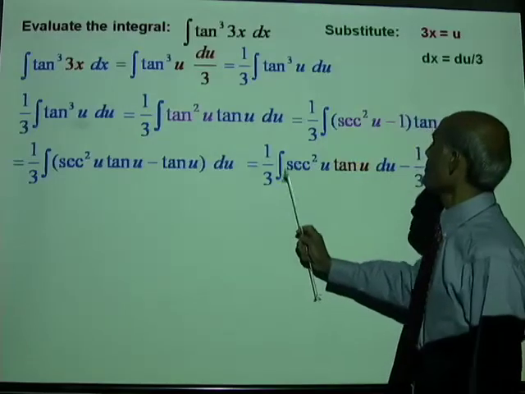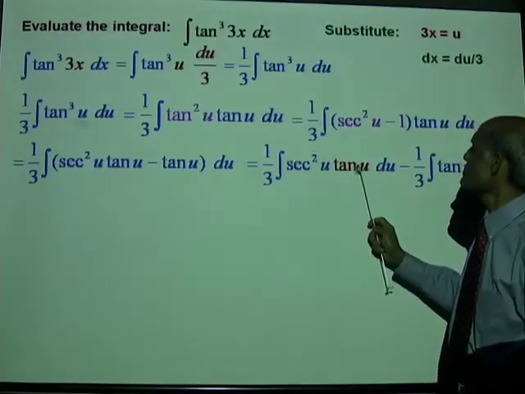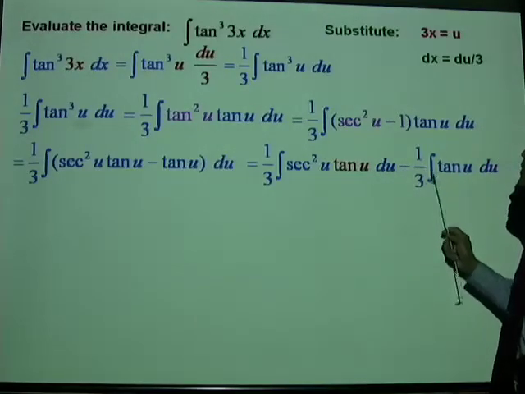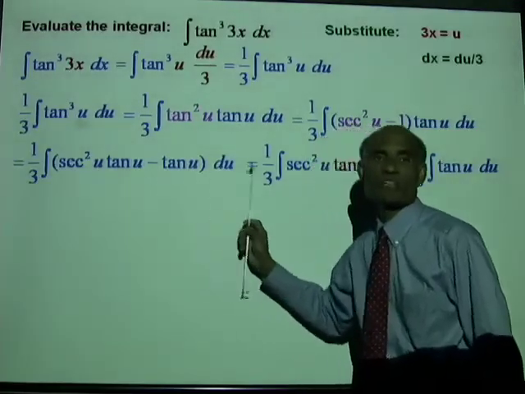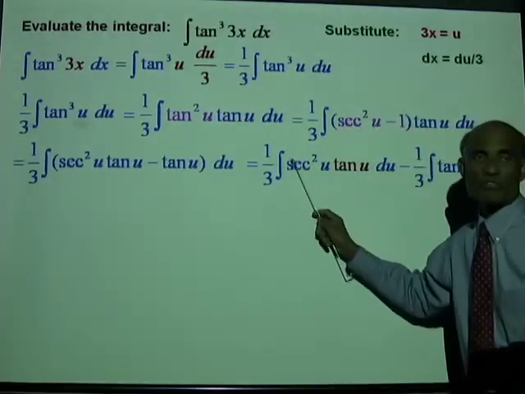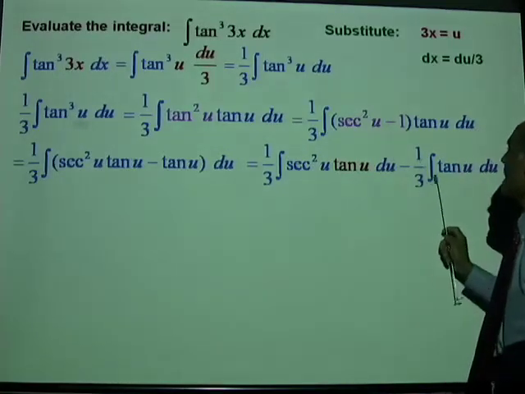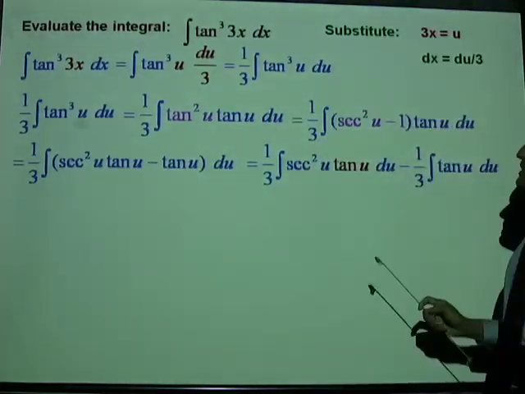Alright, so we write this as two different integrals: 1/3 integral of secant squared u tan u du minus 1/3 integral of tan u du.